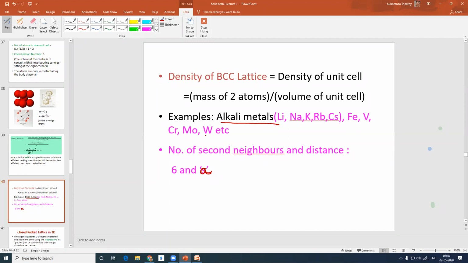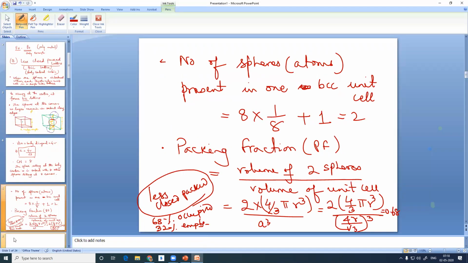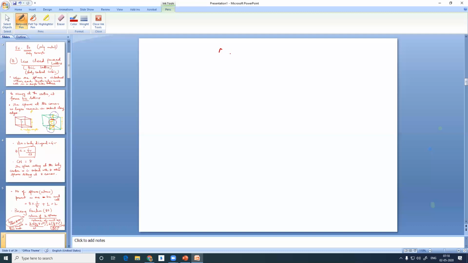Okay, now let us enter into my board. This is all over. We go to the next step, that is close packed structure.